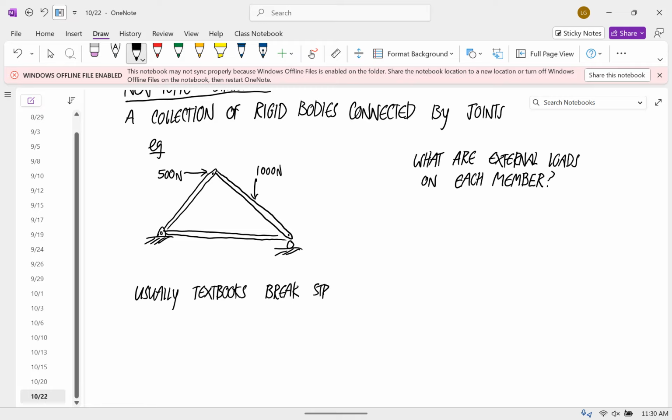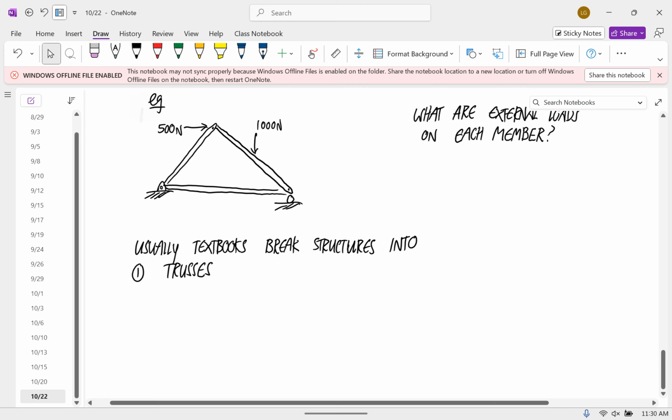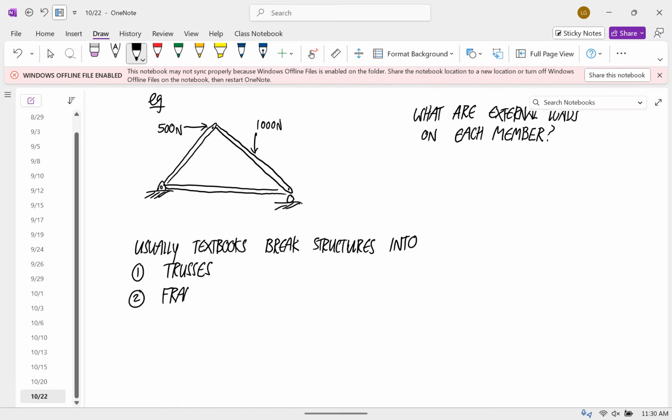They break structures into trusses, frames, and machines.